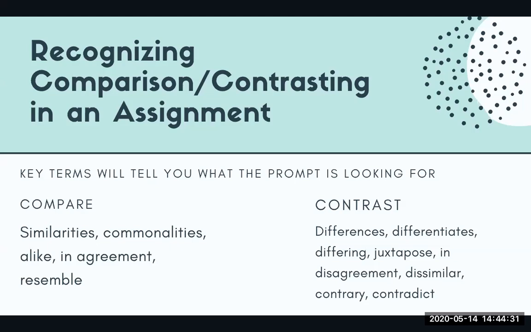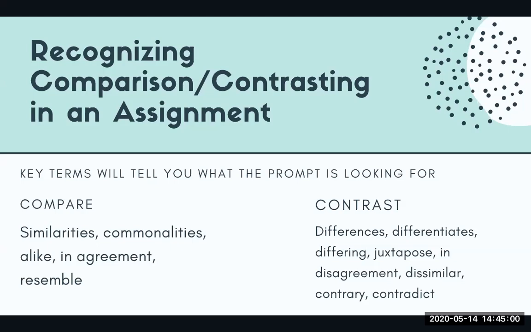Similarly, for contrast, there are words that demonstrate that your professor wants you to find the differences between two items. Some words for that would be differences, differentiates, differing. Any word that has the word differ is basically saying it's a contrast. Juxtapose, in disagreement, dissimilar, contrary, or contradict.